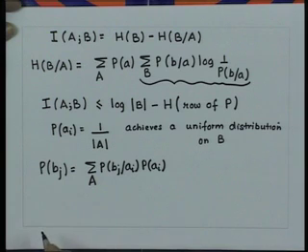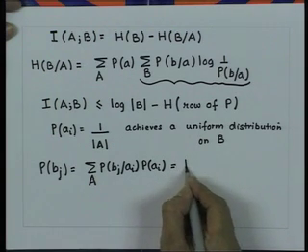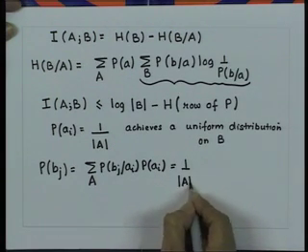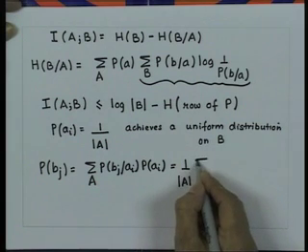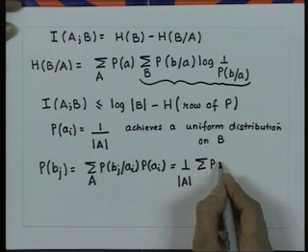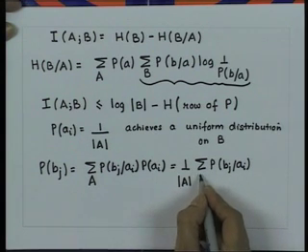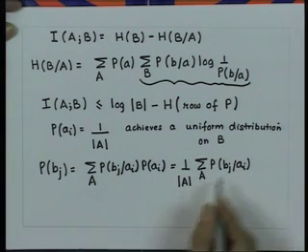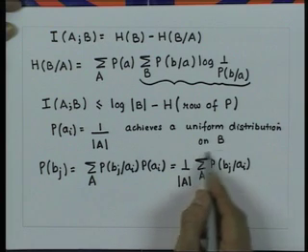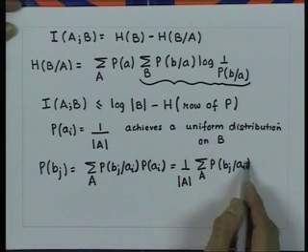This is equal to 1 by mod A times the sum over A of probability of Bj given Ai. Now, for a weakly symmetric channel, this quantity is constant for each Bj.